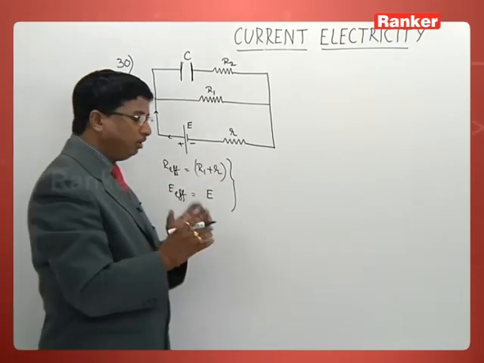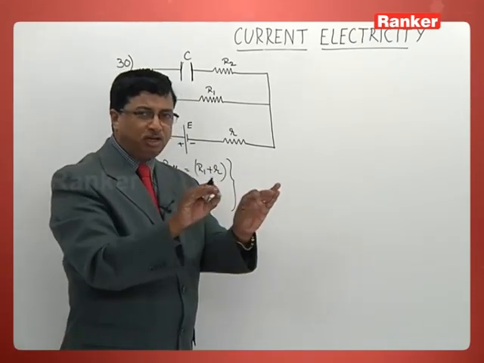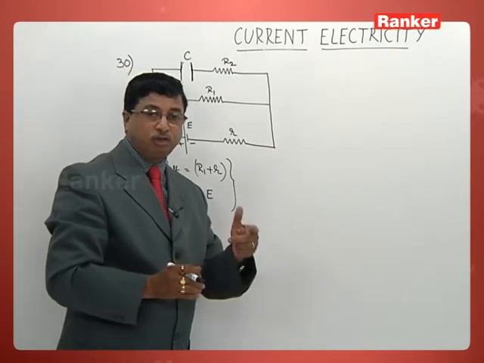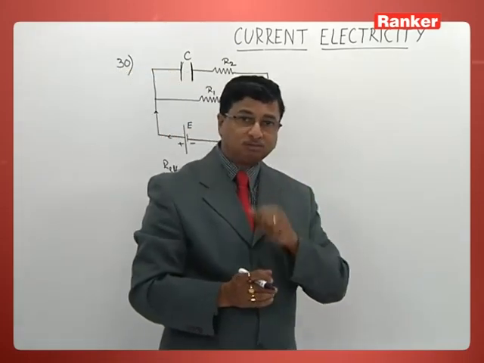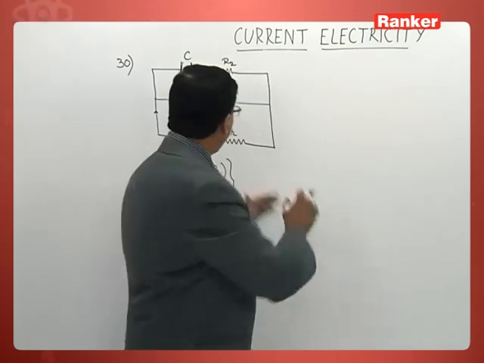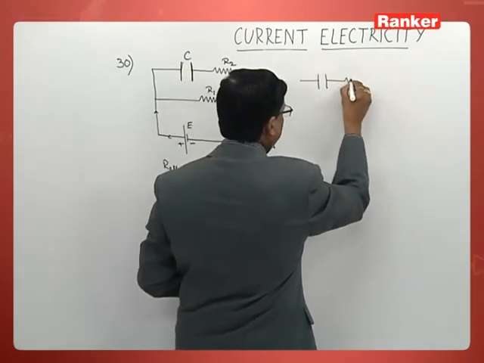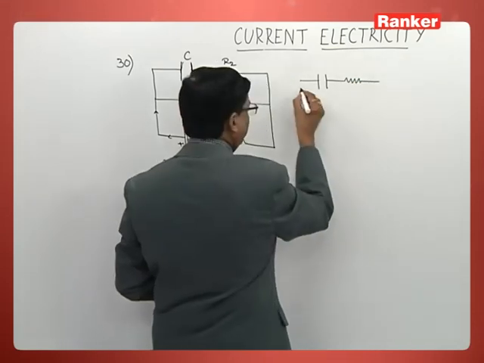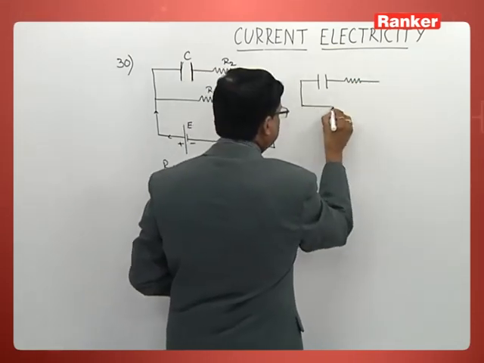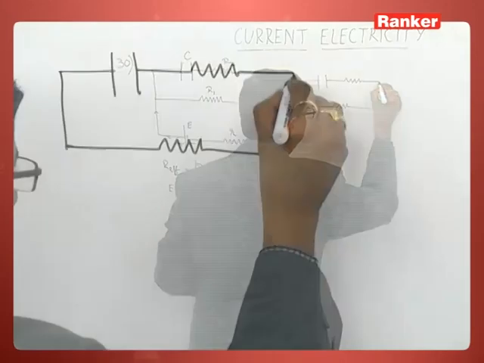But for my ease, I just make this circuit in a different way. It's going to be easy for you as well. Look at what I do in this case: I take this capacitor, I take this resistance, I consider one more resistance here.